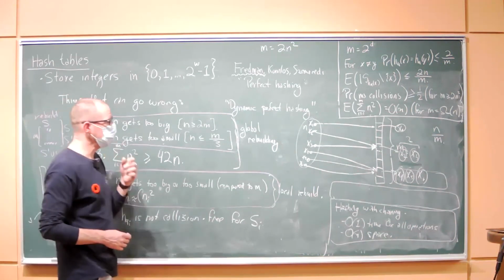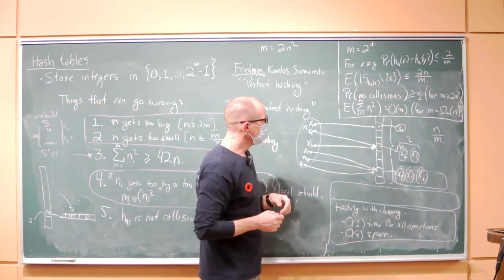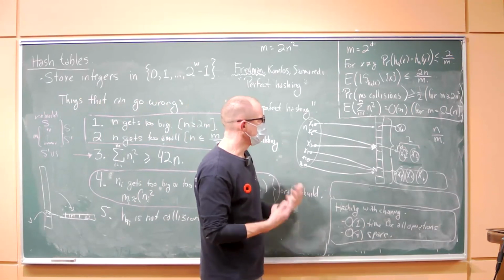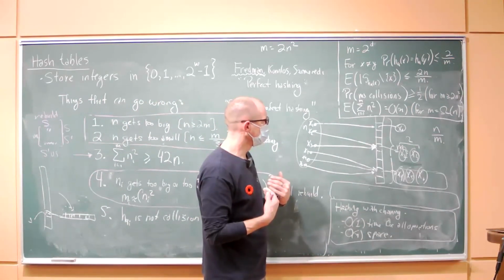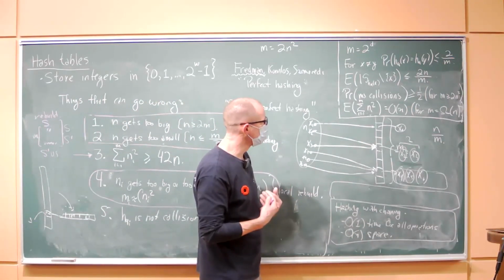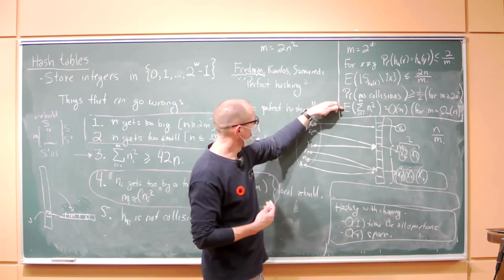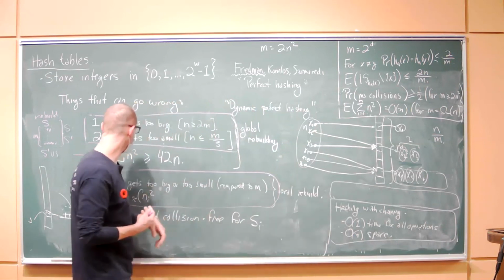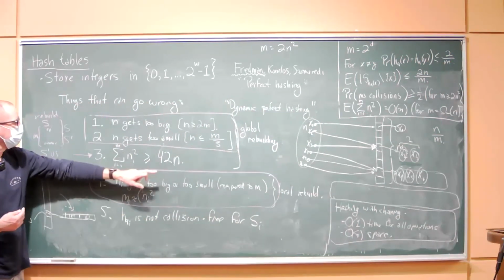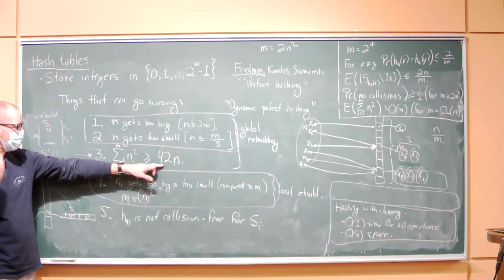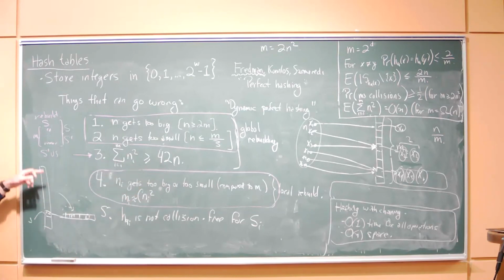And the probability that this condition was satisfied is actually here. If you pick this constant right, then with probability of half, this table would have worked even if all I did was store all of these at the same time.